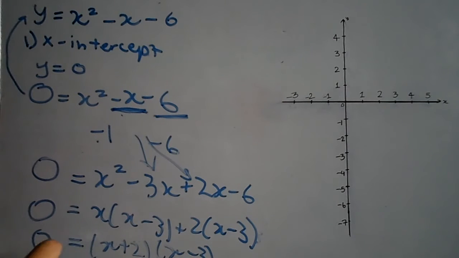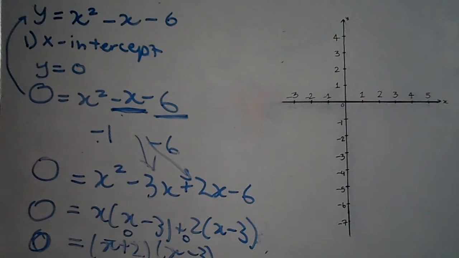What we have to find out is what values of x make this whole side of the equation 0. Now, if x is -2, then the whole product would be 0, since 0 times any other number is 0. So one of the values of x could be -2.